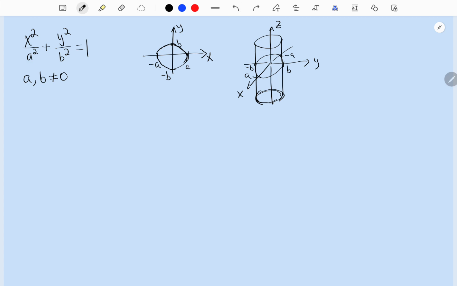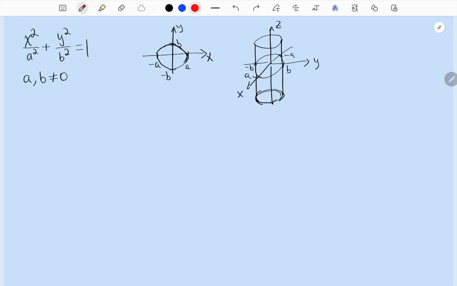So the question is, I want to find the equation of a plane that passes through the origin such that the intersection between the plane and this elliptic cylinder is going to be a circle.